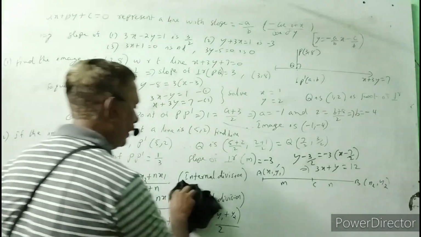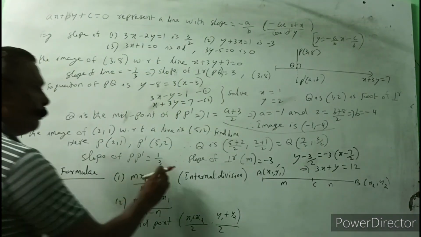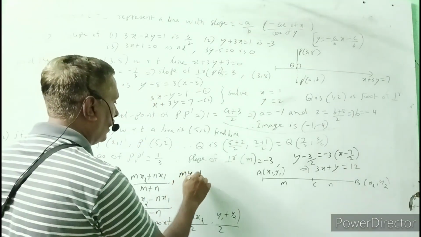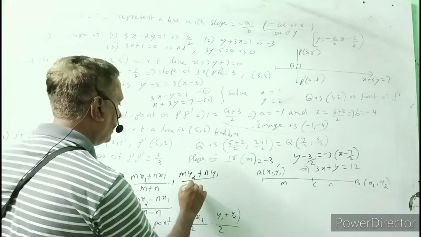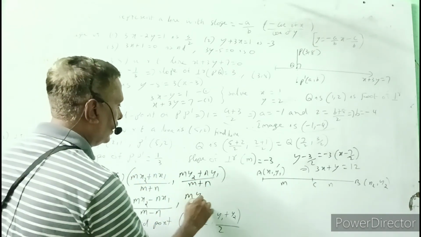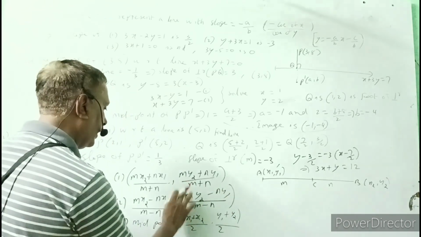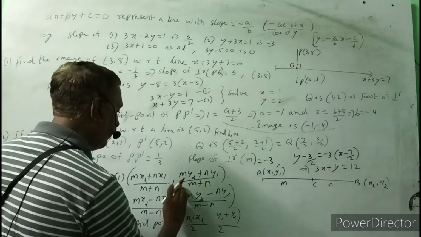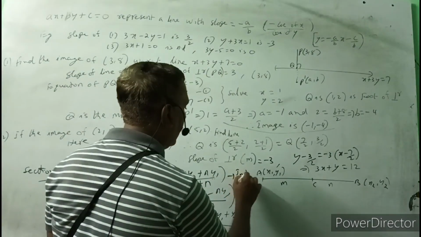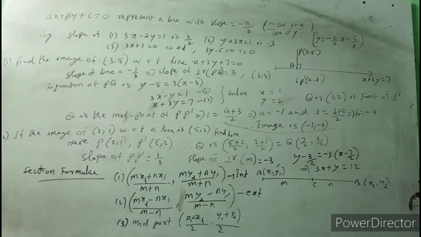Similarly, the other one also: (my2 plus ny1) upon (m plus n), and here also (my2 minus ny1) upon (m minus n). So the first one is internal division, and this is external. And we'll see some more problems related to this.